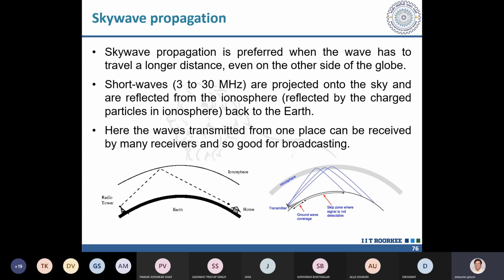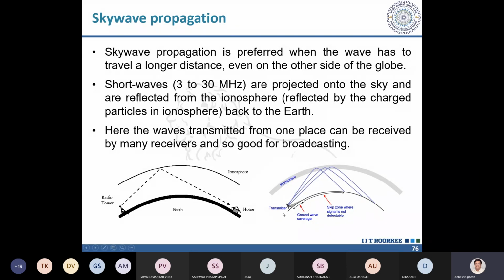In fact, the BBC radio station used this shortwave, and because of that, we can listen to the BBC broadcasting station. Otherwise, London is far away from here, somewhat on the other side of the globe.